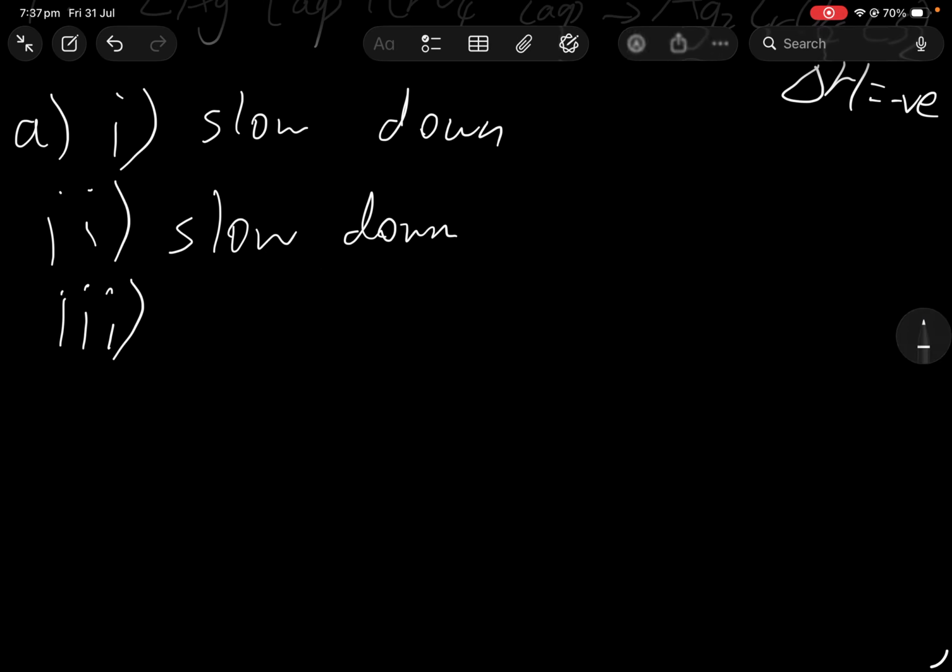Actually, wait. If the temperature increases, the forward reaction should increase. But there is a change in heat, which is negative. That means that it's exothermic.